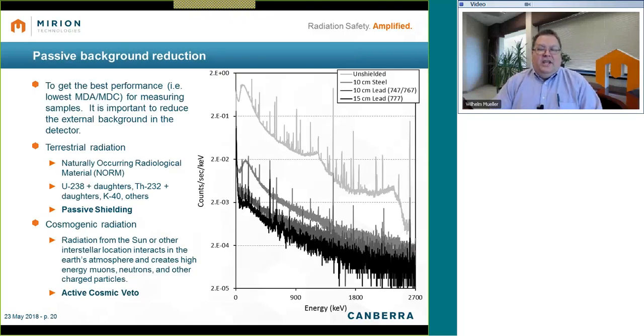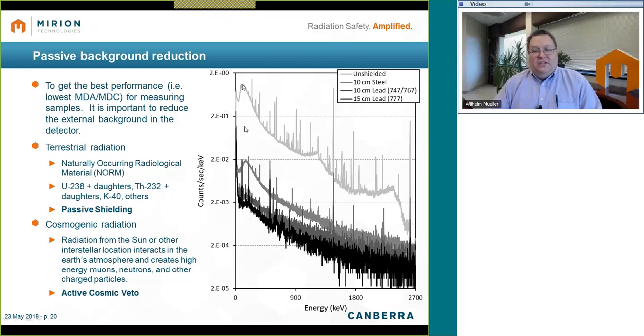Another feature I'd like to discuss is background reduction, and I want to show this slide as a way of introducing it. Everyone is quite familiar that the best way with germanium detectors to reduce the background is to put it within a shield, and I illustrate here what advantage a shield gives by showing the number of counts per second per keV in a given spectrum versus energy.